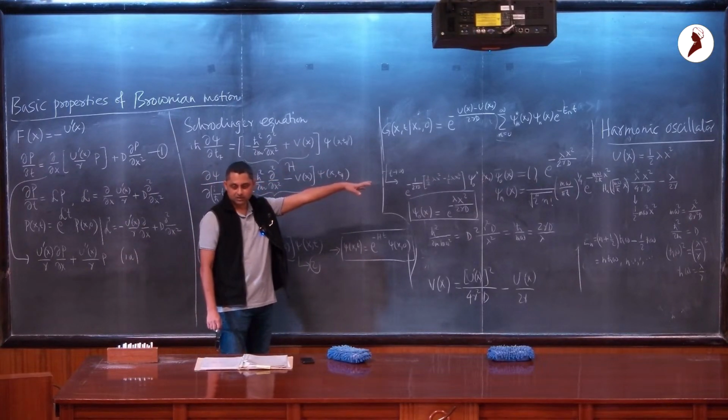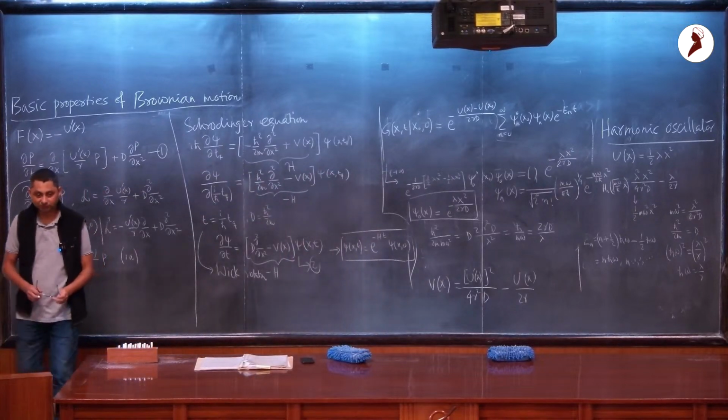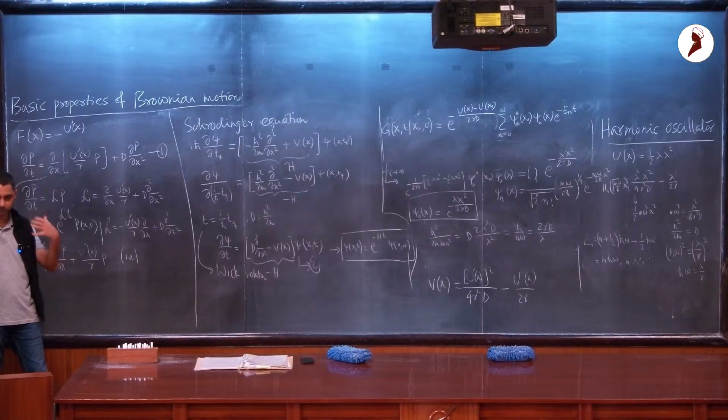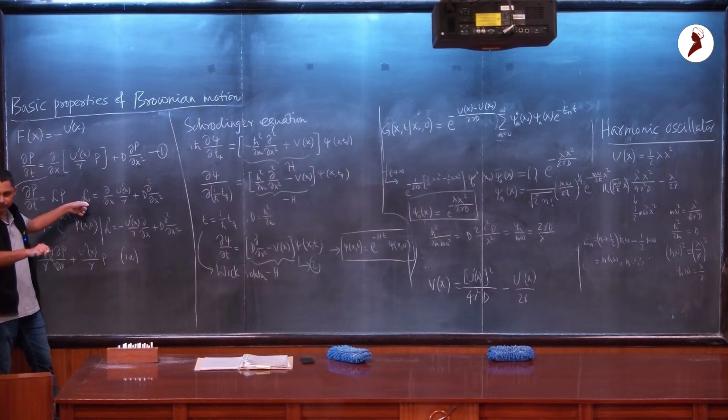And this operator should have the property that if you have a confining potential, if there is a bound state, the highest eigenvalue is 0 and all the eigenvalues are negative, so that all the other terms decay.